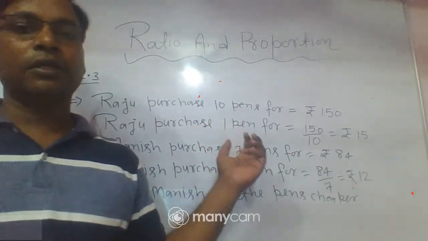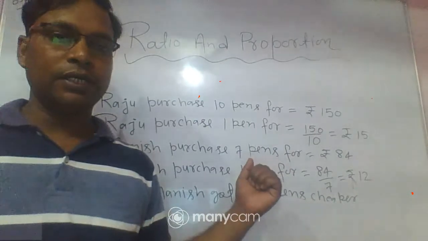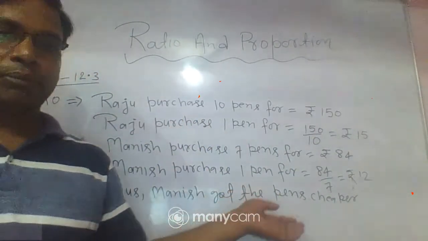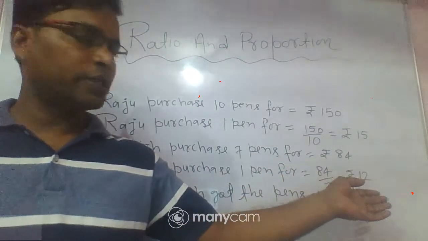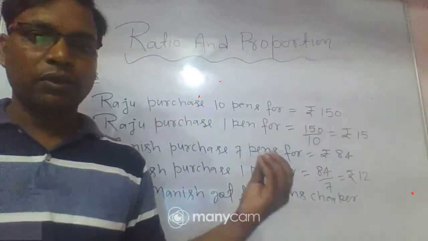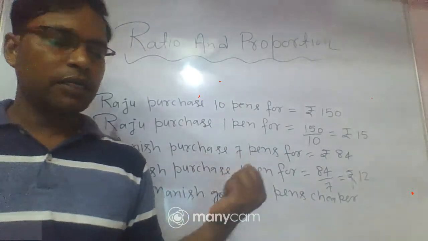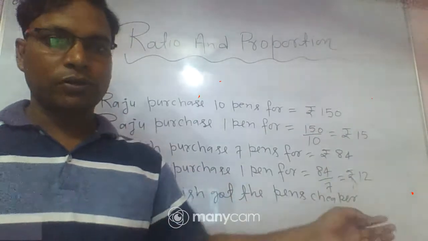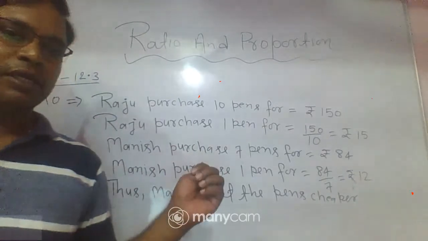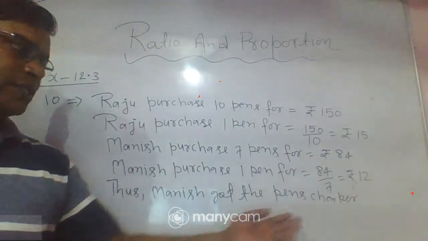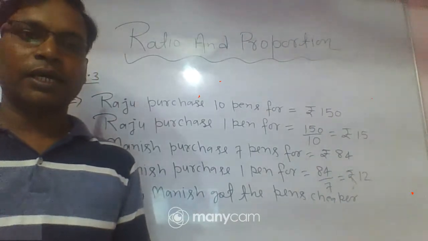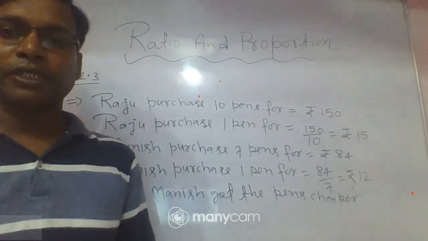Also given, Manish purchased 7 pens for 84 rupees. So we find the cost of one pen purchased by Manish, which is 12 rupees. So we compare: if 15 and 12, we know 12 is smaller. So in this way we decide that Manish got the pen cheaper.